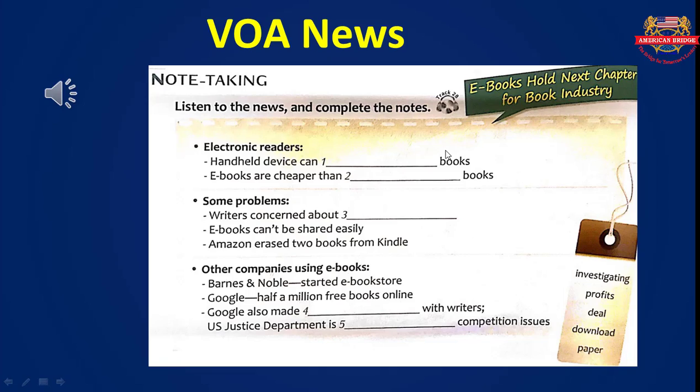Okay, ebooks are cheaper than books. So you have to find an adjective or noun, because a noun can be a double noun, and the noun that stands before another noun can function as an adjective.